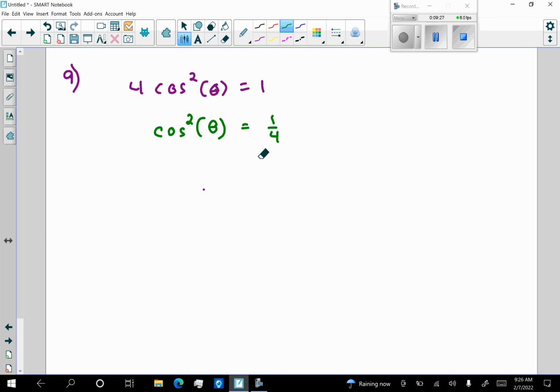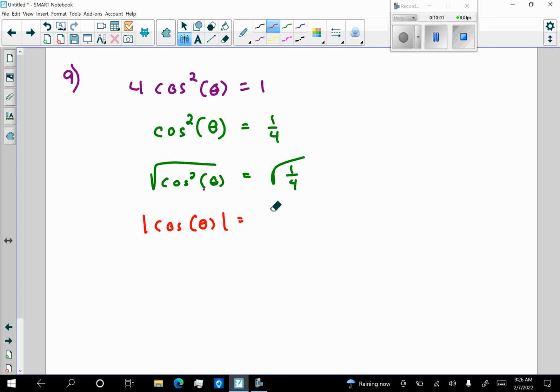This is 1/4. And now I'm going to go to the beginning of the page, and I want to know what cosine is. So I'm going to square root both sides. I'm going to square root cosine squared theta, and I'm going to square root 1/4. So the square root of cosine squared theta is the absolute value of cosine.